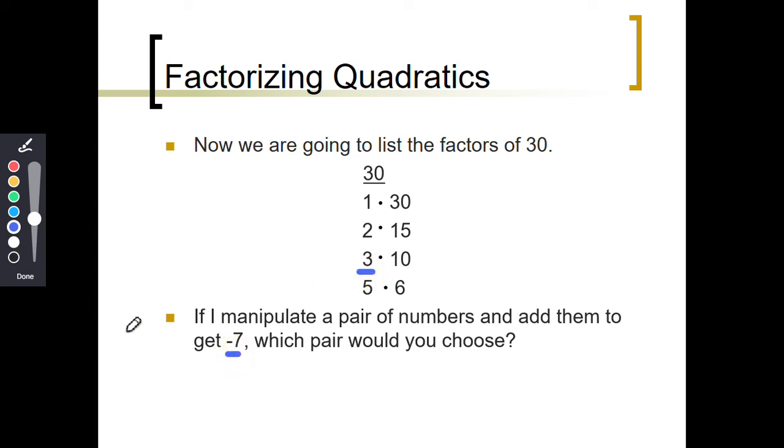So the pair we are talking about is this one right here, 3 times 10. That's the pair that we would need to help us achieve our goal.